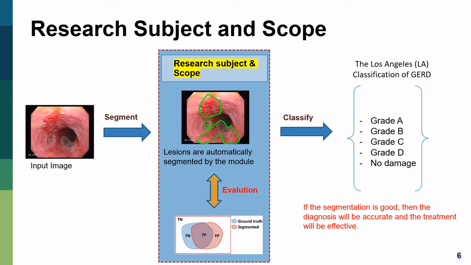We agree that if the segmentation is good, then the diagnosis will be accurate, and the treatment will be effective. Therefore, in this study, we only focus on the segmentation step, and our goal is to develop a module that is able to segment lesions automatically to help doctors in their diagnosis.